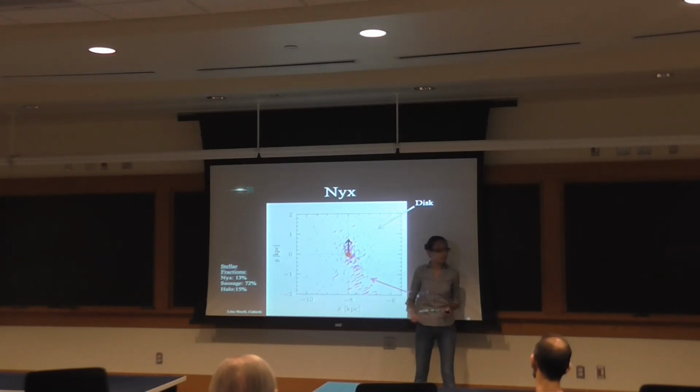But that's how you picked them. I'm sorry? That's how you picked them, right? So I picked, yes. Basically, I picked stars that have a non-trivial kinematic structure. What I'm trying to argue is that these are not disk stars. These are something else. But a disk star is going to have a small proper motion, so you've already selected these stars that have higher velocities and proper motions. That's right.